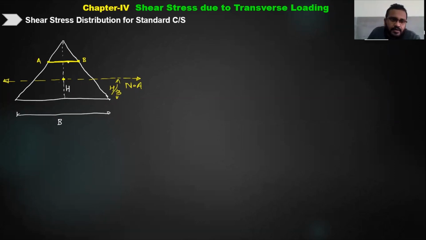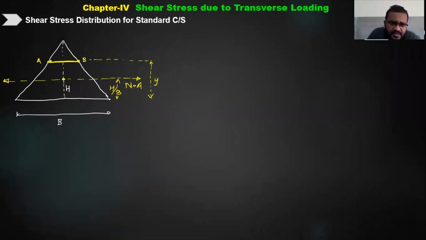Now, how to understand what will be the distance? Let us assume that the distance of this layer from the base is y.